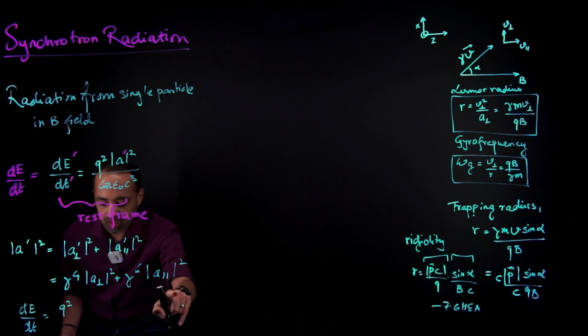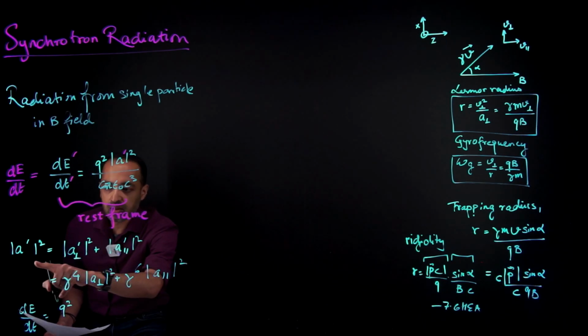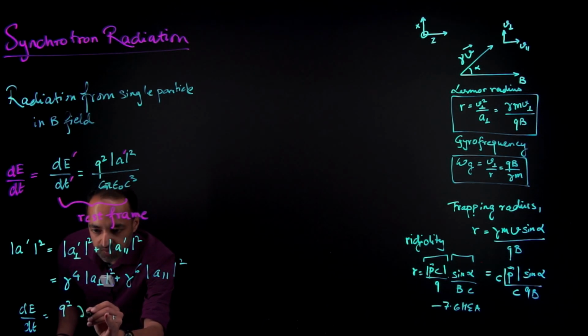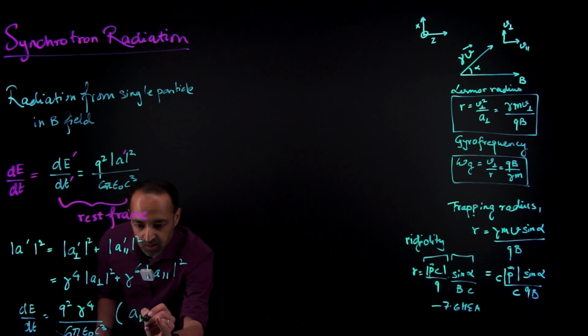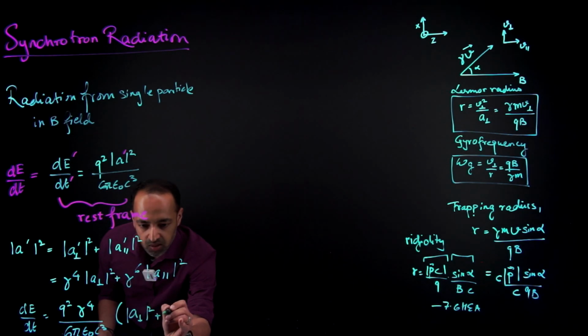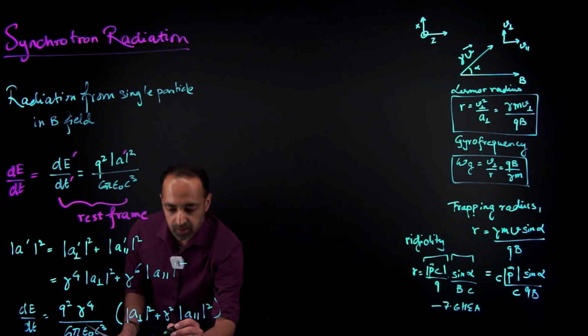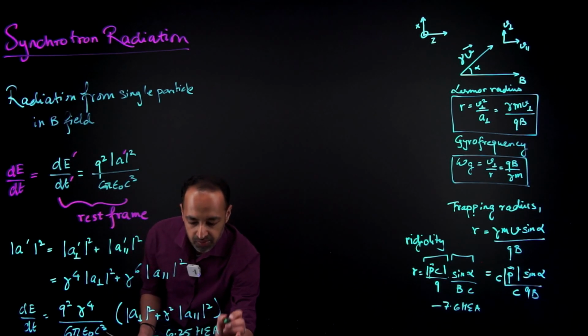So we have to substitute this in because this is acceleration squared already. So that gives us a gamma to the fourth, which I'm just going to pull out, over 6 pi epsilon naught c cubed from Larmor's formula, times a perpendicular squared plus gamma squared a parallel squared. And this is equation 6.25 of high energy astrophysics.